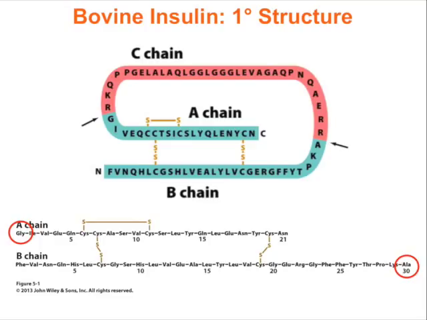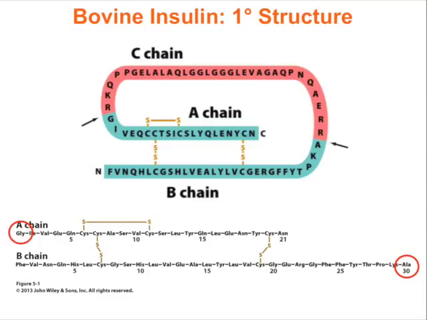Now it's not as simple as this in the body. Here we have two linear straight chains that are laid out for us to see. But we can tell that there will be some extra folding that happens. And while that's not the focus of this section, it's important to point this out now while we discuss insulin.